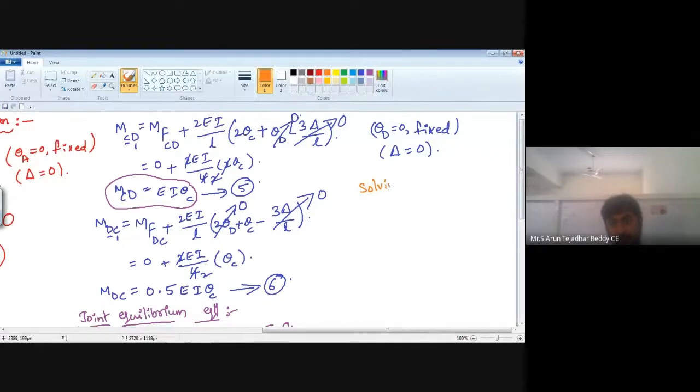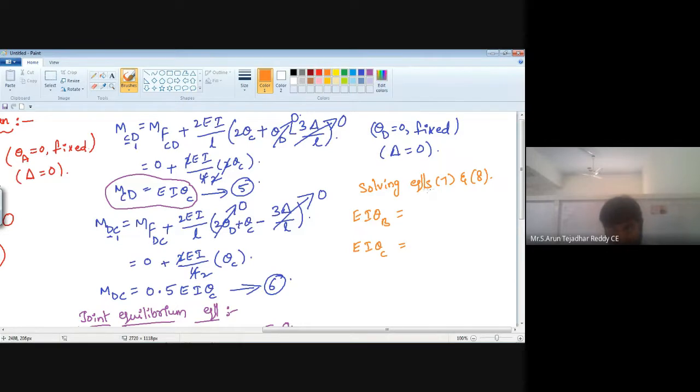Solving equations 7 and 8. See, solving is very easy. All of you open your calculators and whatever values we have here, just enter those values. Then you will get the unknown terms EI theta B and EI theta C. Here I am not going to solve equations 7 and 8 because this is your homework.